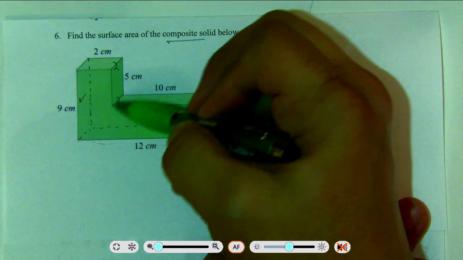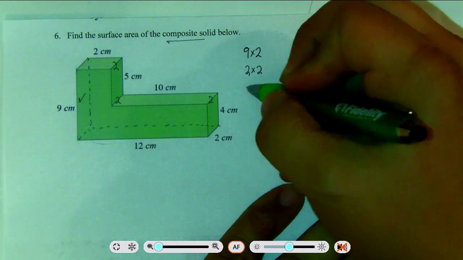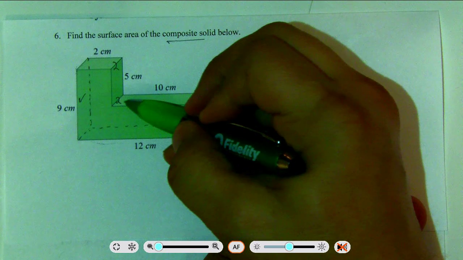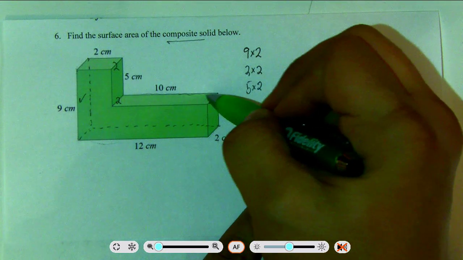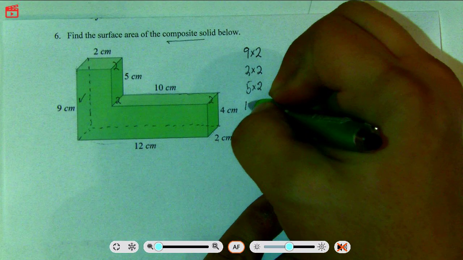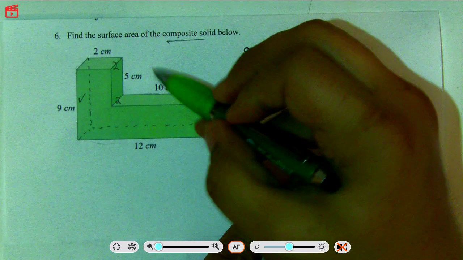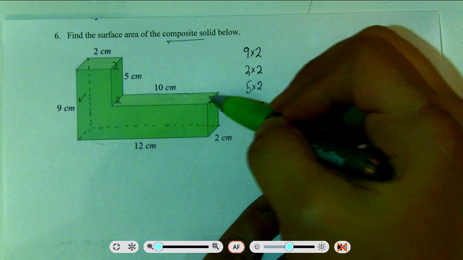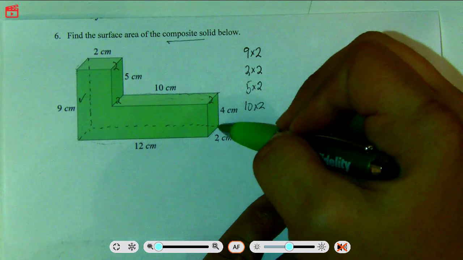So I've gone up the side, across the top, now down. This is 5 by 2. Now we go across. This is 10 by 2. So I've gone up, over, down, over, just tracing along the outside. Then down 4 by 2.